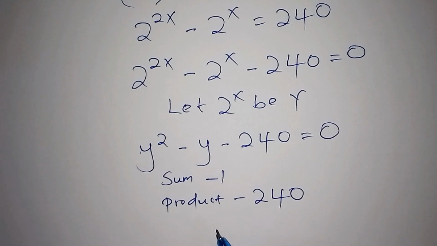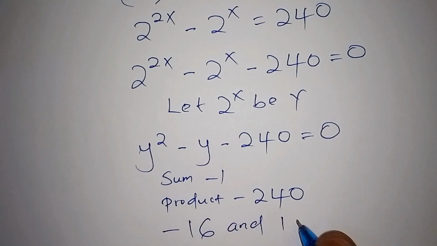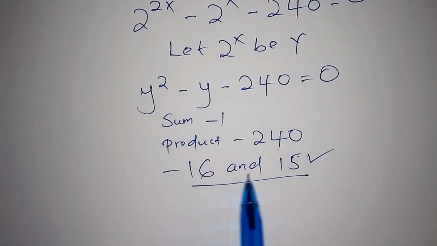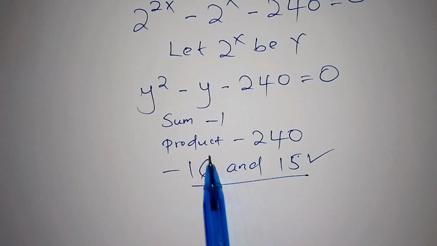So what are these two numbers? So the two numbers in this case are negative 16 and positive 15. So these are the two numbers that when we multiply negative 16 and positive 15, we get 240, and when we add the two of them, we get negative 1.